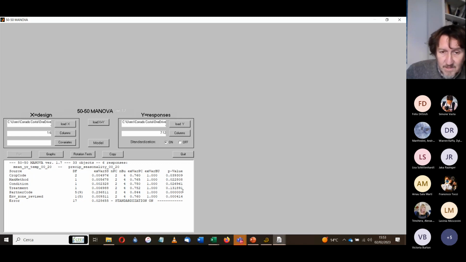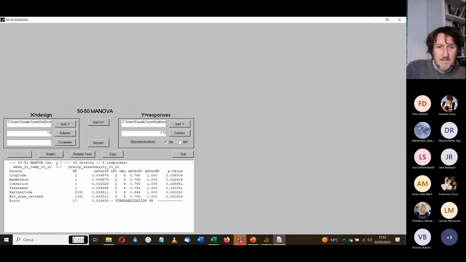So the partner code shows highly significantly different environmental conditions. The treatment is not significant. The condition, management, and also crop code are significant, but only slightly. And you have performed the MANOVA.